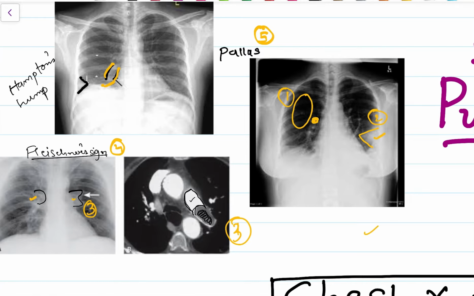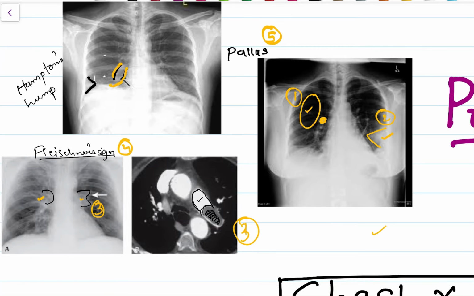If you see this Hampton's hump and it is not fully developed, then you can also take it as pneumonia. And there is oligemia, you can confuse this with pneumothorax. So to differentiate pulmonary embolism from other common chest findings is difficult. So we cannot rely on this.